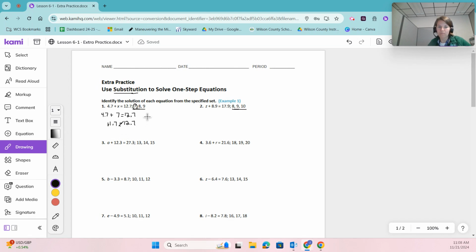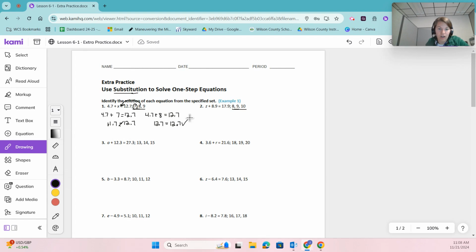Then if I substitute 8 in, I would have 4 and 7 tenths plus 8 equals 12.7. Again, I am substituting 8 in for x in my equation. Then 4.7 plus 8 is 12 and 7 tenths, equals 12 and 7 tenths.